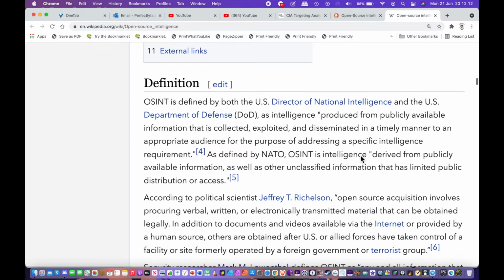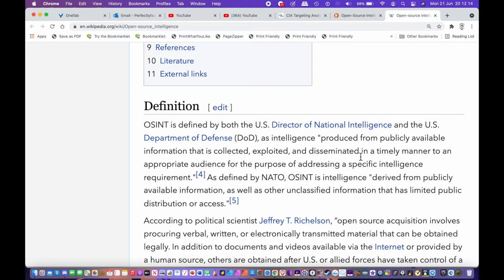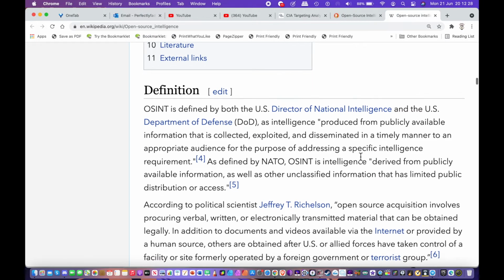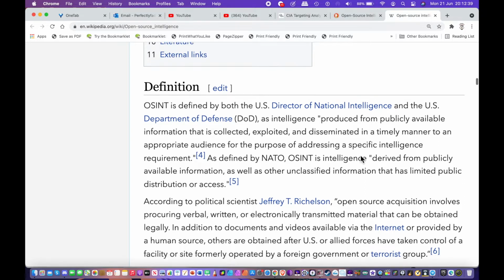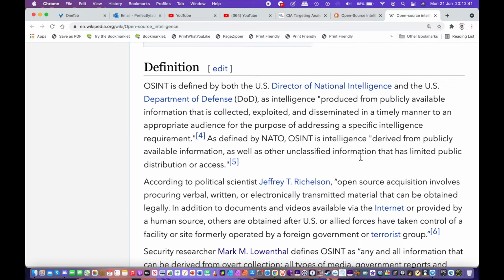Okay, definition. OSINT is defined by both the U.S. Director of National Intelligence and the U.S. Department of Defense as intelligence produced from publicly available information that is collected, exploited, and disseminated in a timely manner to an appropriate audience for the purpose of addressing a specific intelligence requirement.